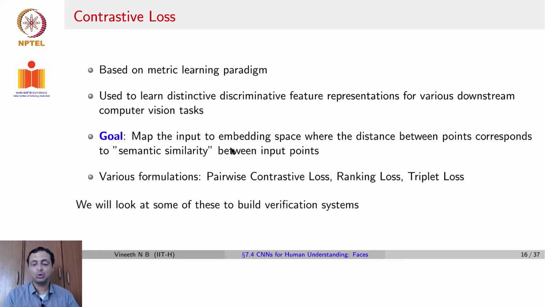Euclidean distance could do it, but if we could learn a distance that does this more effectively, that would be more useful, and that's what most of these methods try to do. There have been various formulations such as pairwise contrastive loss, ranking loss, triplet loss, so on and so forth. We will see some of these over the rest of this lecture.